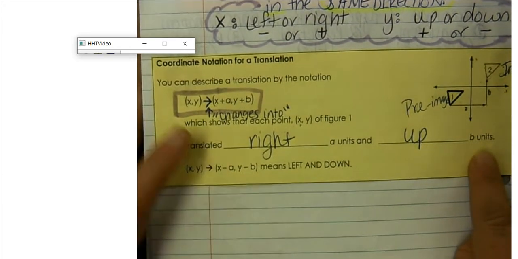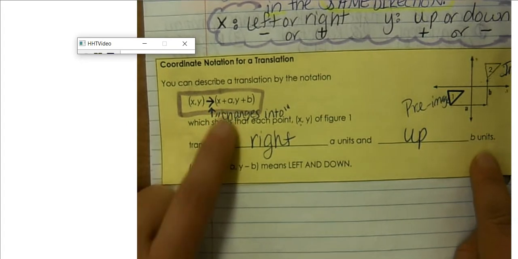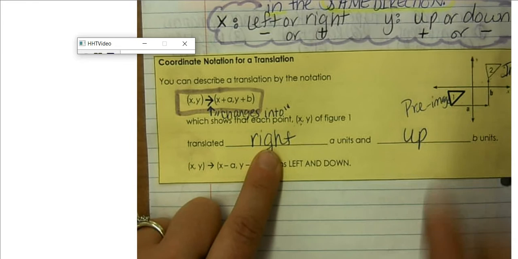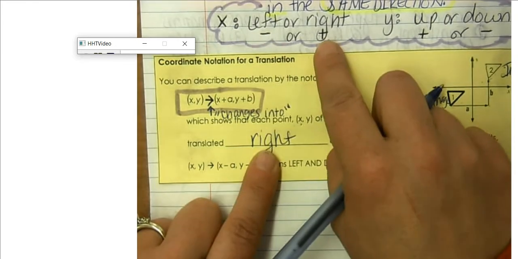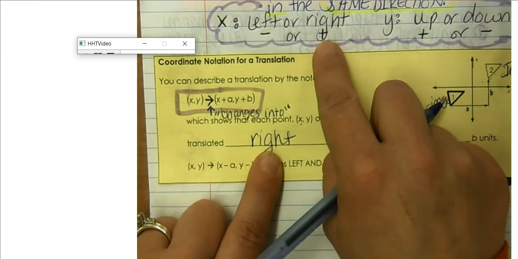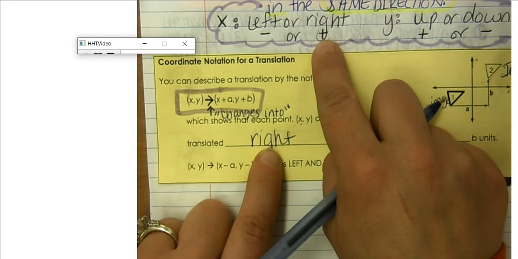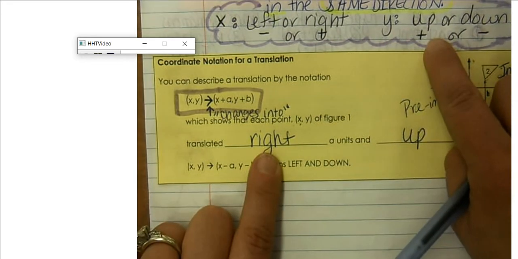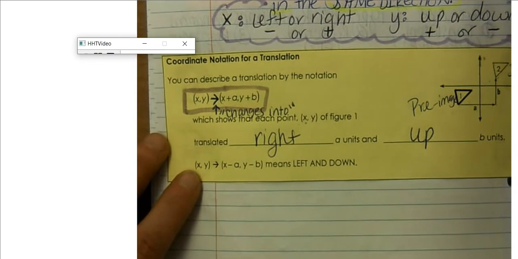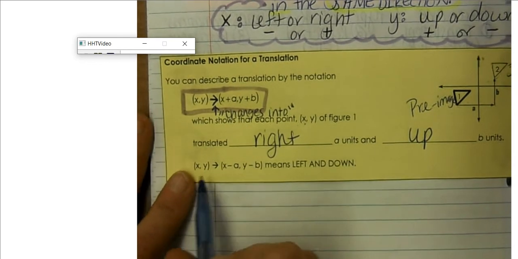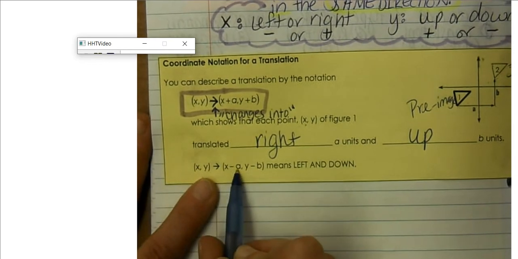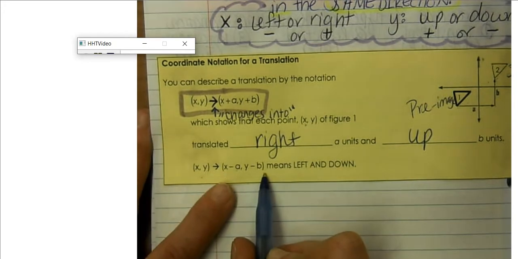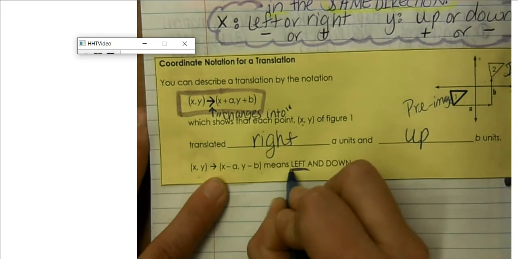Notice that we have X plus A and Y plus B. So whenever you see a plus sign next to an X, that means you're going to go to the right. And if you see a plus sign next to a Y, that means you're going to go up. If you had seen our rule being X, Y changes into X minus A and Y minus B, that means that every single point will go to the left and down.